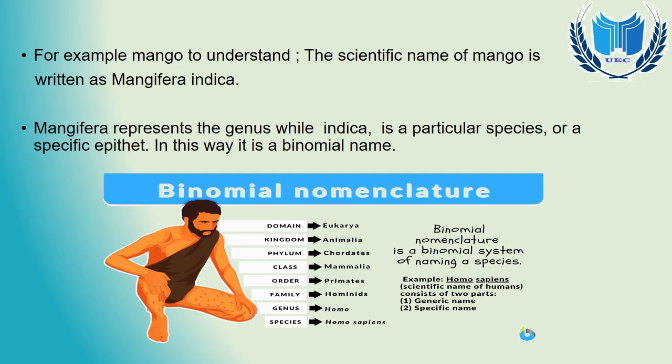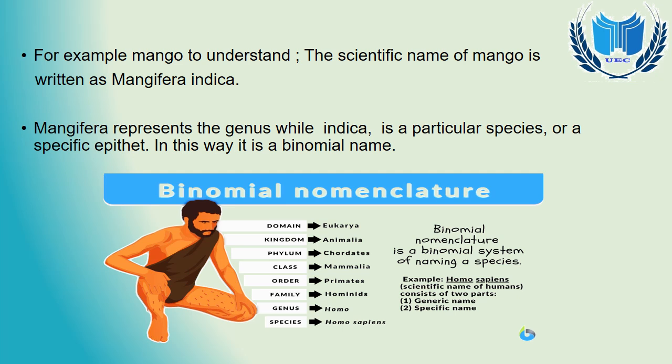The first one, in plants, for example, we take mango. Mango is not a scientific name, it is a local name. It is not the botanical name or biological name given to the mango plant, right? The scientific name of the mango is Mangifera indica. Here two names are there.